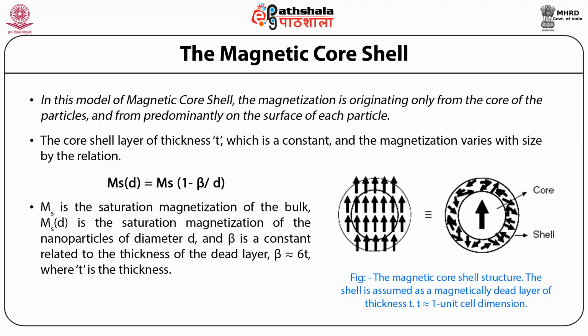Beta is approximately 6t, where t is the thickness. Thus, the saturation magnetization is inversely proportional to the particle size.